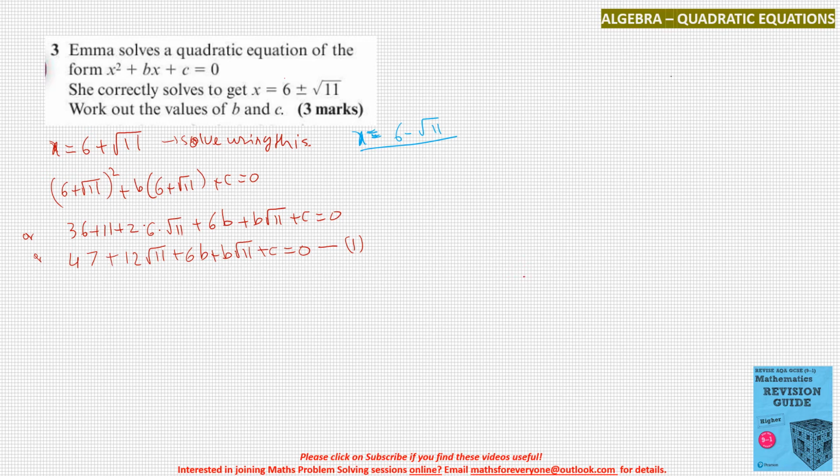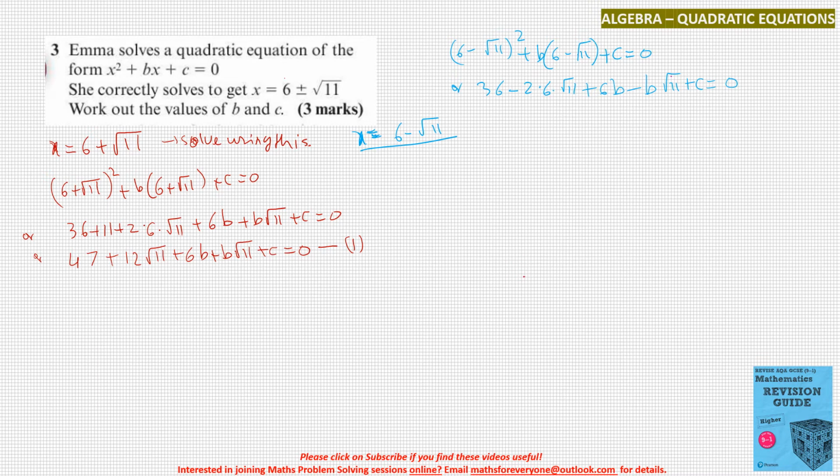So that will give me x squared, that is (6 − √11) whole square plus b times (6 − √11) plus c equals 0, or I'm going to get 36 minus 2 times 6 times root 11, then I'm going to use 2 times 6 times root 11 plus 6b minus b root 11 plus c equals 0.